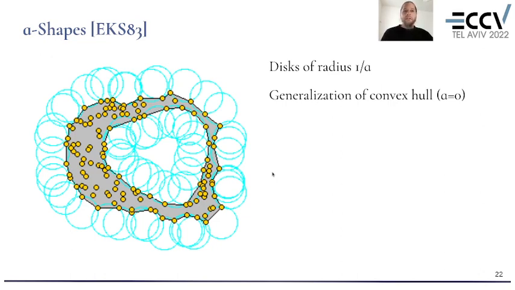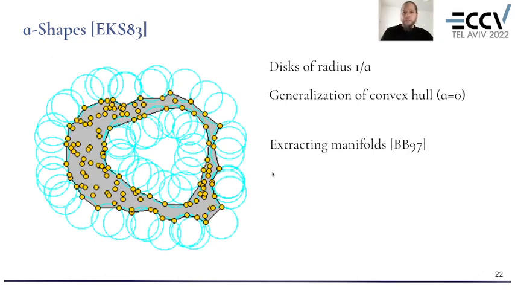Then we have yellow chocolate chips, and we have a spoon of radius 1 over alpha, and we are scooping ice cream without getting any chocolate chips, and then we end up with this reconstruction. A generalization of that with alpha equal to 0 would be the convex hull, as no primitives would be removed.